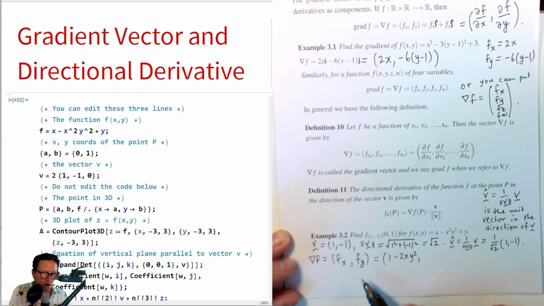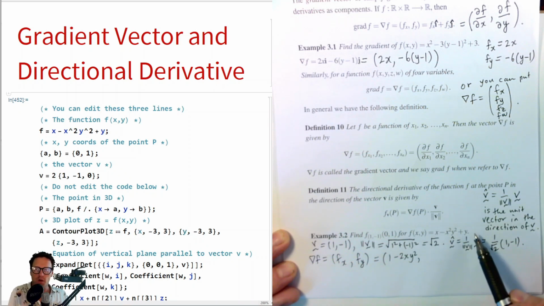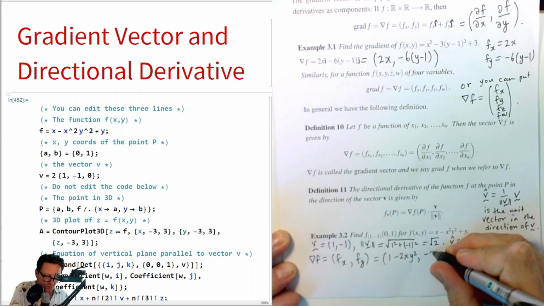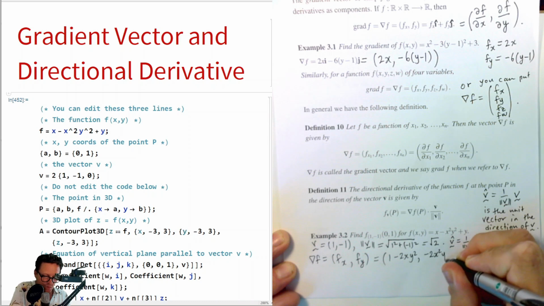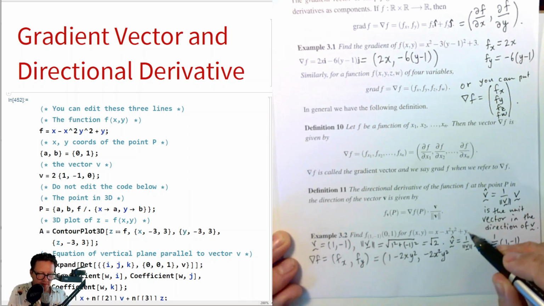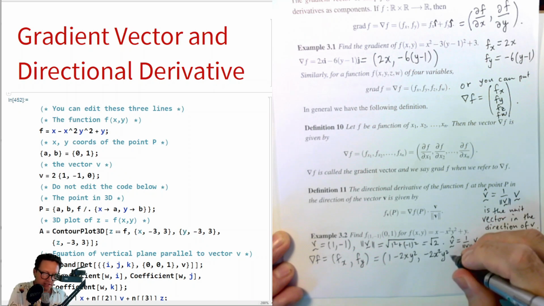Now f subscript y takes the partial derivative of this with respect to y partially, so the derivative of x is 0 with respect to y partially. The derivative of minus x squared y squared with respect to y partially is minus 2 x squared y. We're treating x as a constant there. And the derivative of y with respect to y partially is just 1.